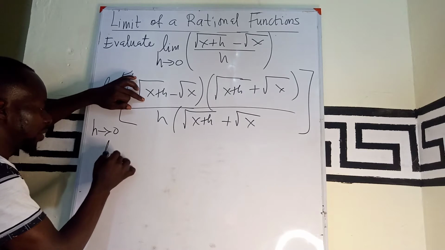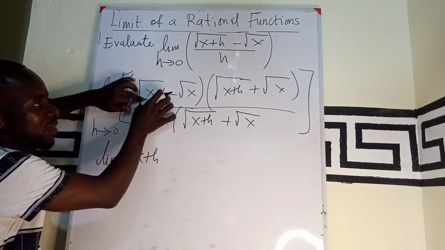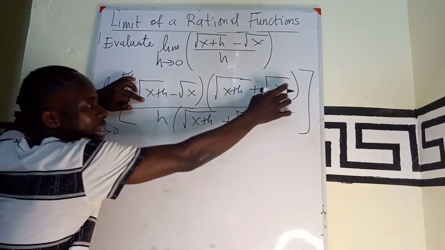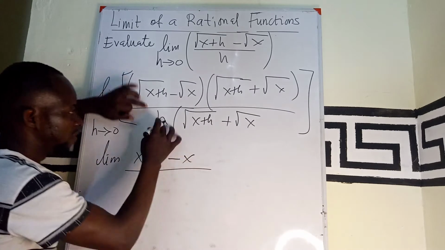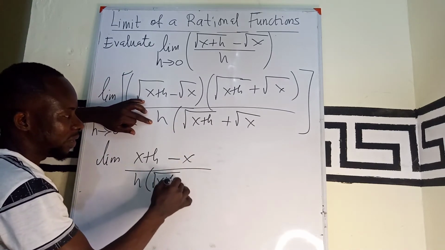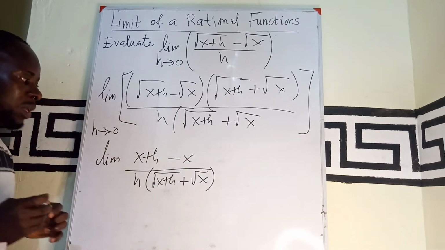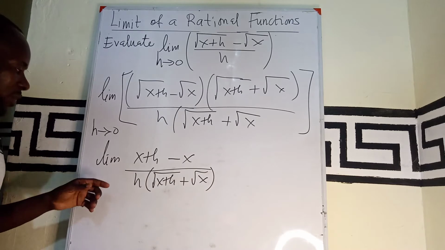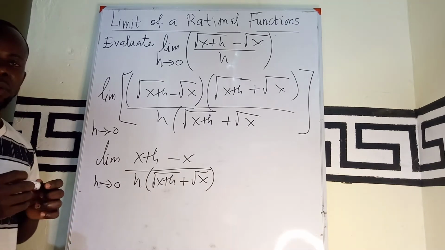the limit of x plus h, as in the first bracket, minus the square of the next one, which is x. All this divided by h times the root of x plus h, this time plus the root of x. So this is what we have. And if you look carefully, h is still approaching 0.